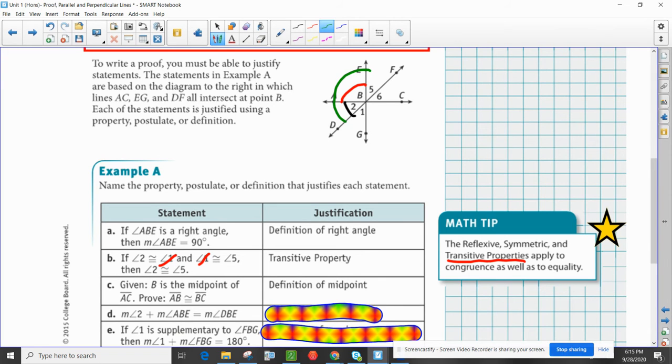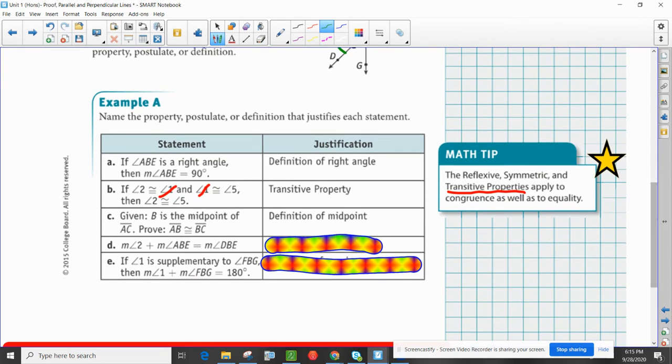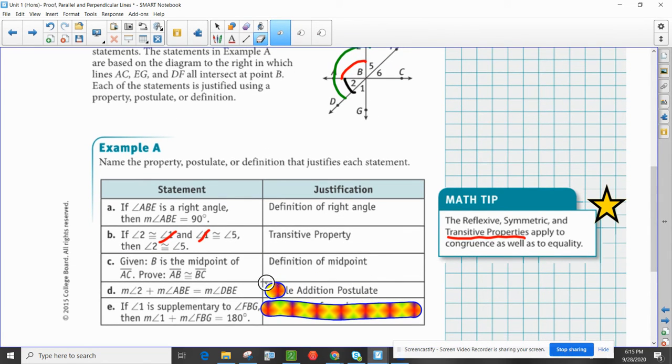What's that postulate we learned in activity 4 that said we can do that? That was our angle addition postulate, remember? If we have 2 small angles, put them together to make one bigger angle, then we add them together, it's equal to the big angle.